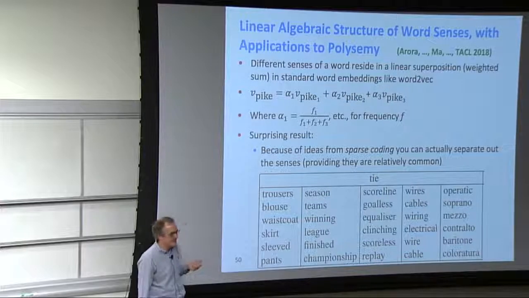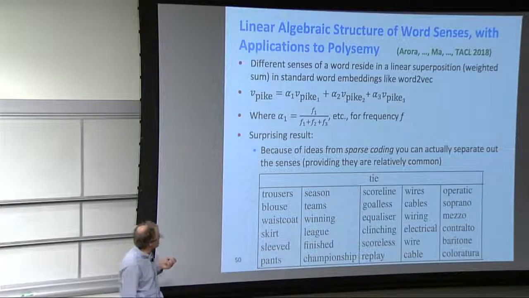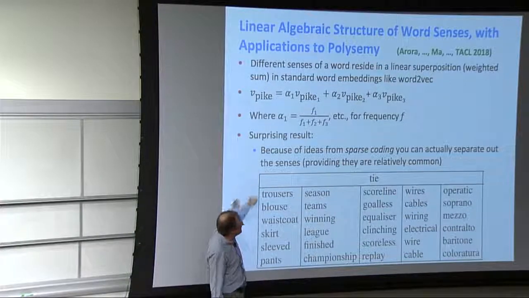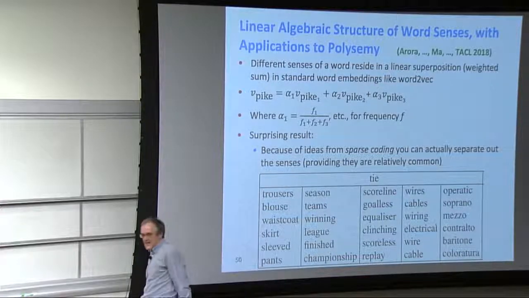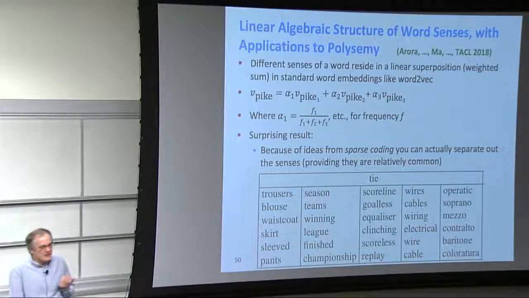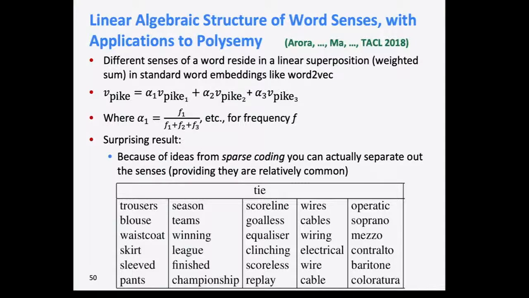So that part is perhaps not too surprising, but the part that's really surprising is, well, if we're just averaging these word vectors, you'd think you couldn't get anything out of the average, right? Like if I tell you I'm thinking of 2 numbers and their weighted sum is 54, what are my 2 numbers, right?